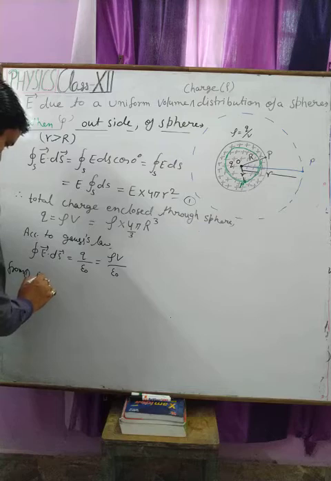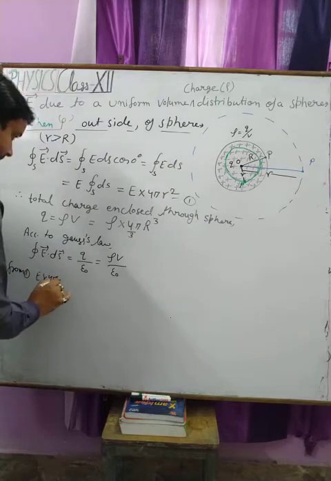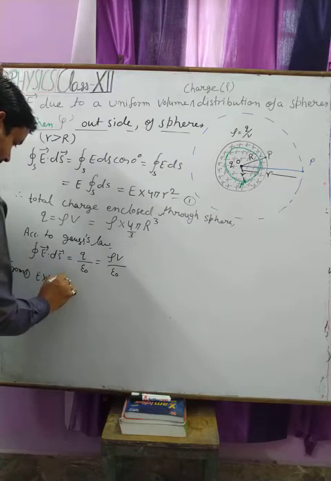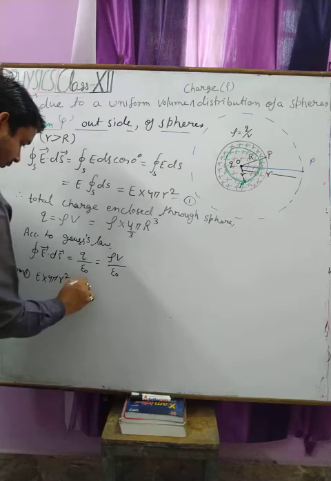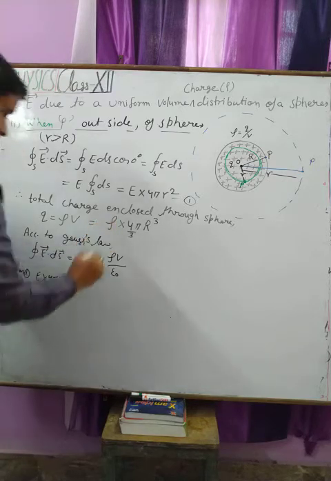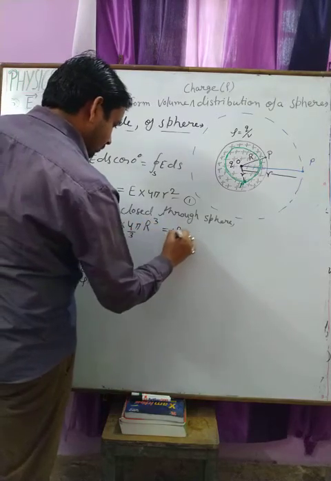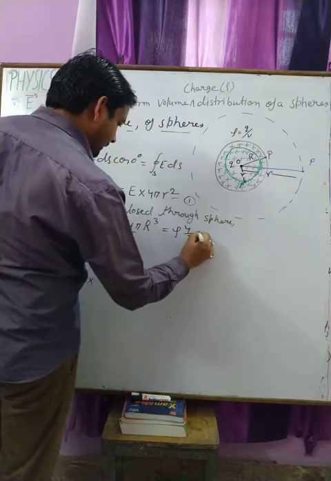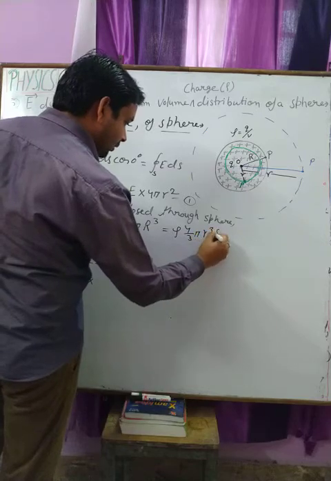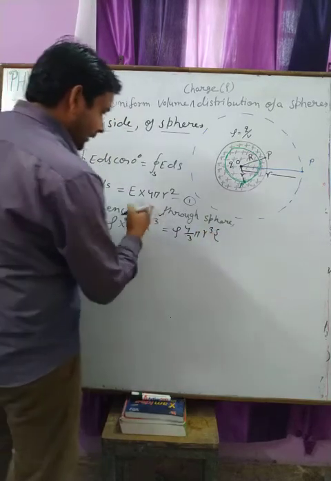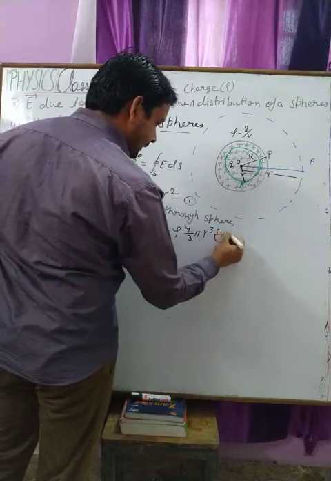E into 4 pi r square is equal to rho into this value. Here we can change this rho 4 by 3 pi r cube, because you all know we are using this value as r.